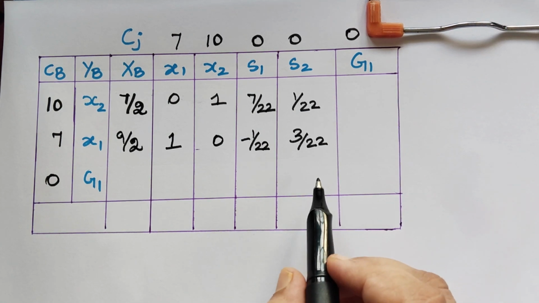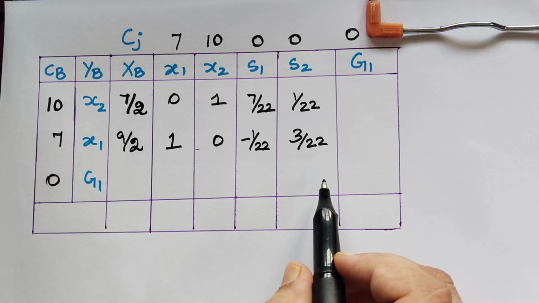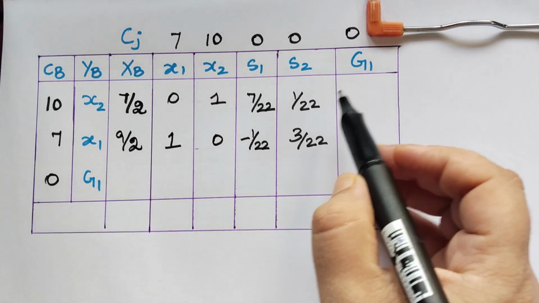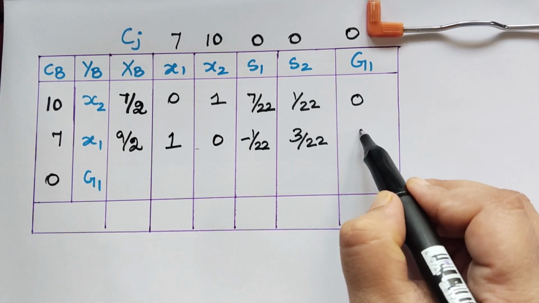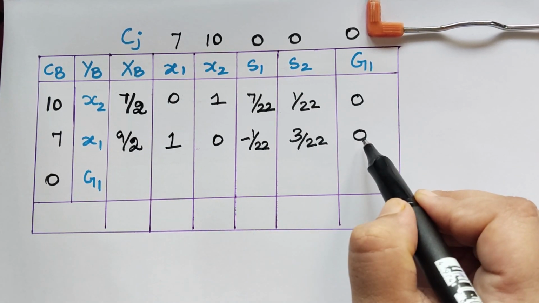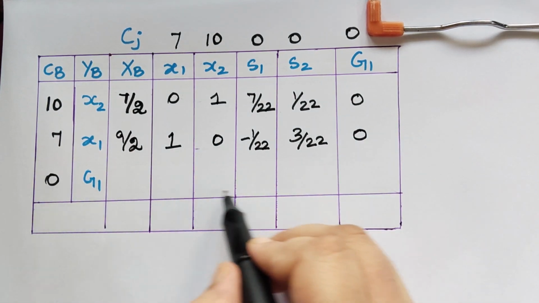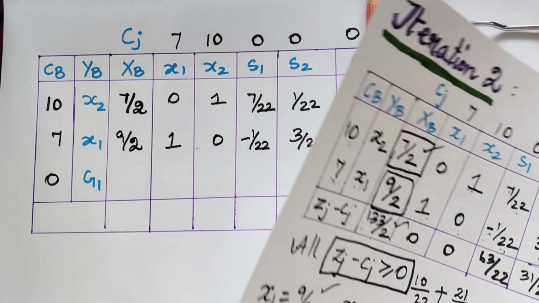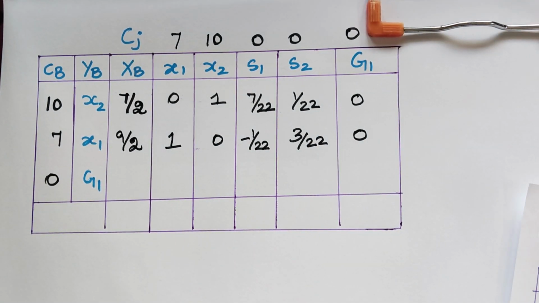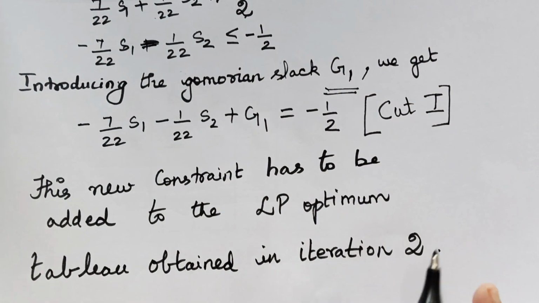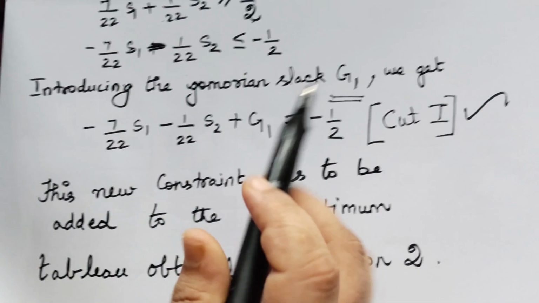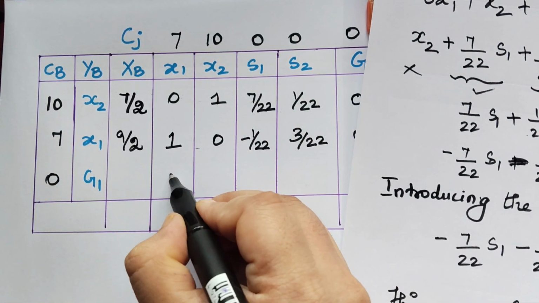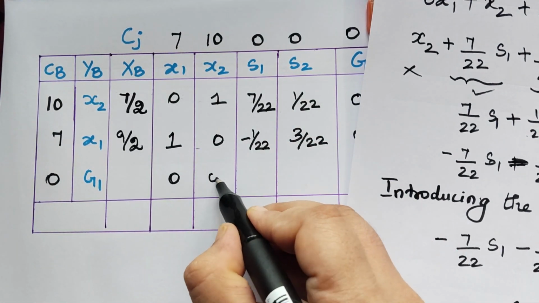Okay, so how are we going to fill it? Do we have g1 in the first constraint? No, so it will be 0. In the second constraint also we don't have it, so it will be 0. Next, here we have to fill up. For that we use cut 1, so this is cut 1. Now in this, do we have x1? We don't, so put 0 over here. We don't have x2 either, so here also 0.